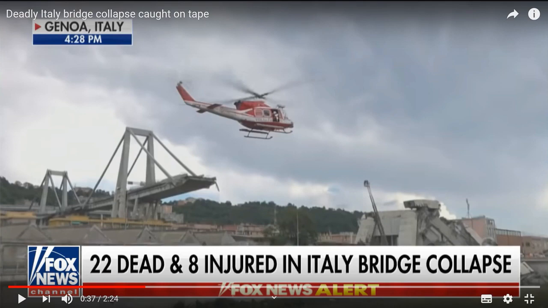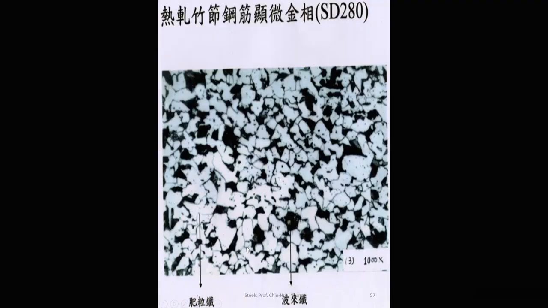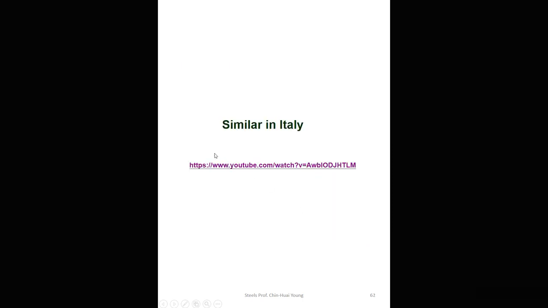But this one in Taiwan is totally different. It's already 25 years. After 25 years it collapsed, but Italy is just finished. So what's the difference? The same fracture, but the situation is totally different. As a civil engineer, how do you explain?